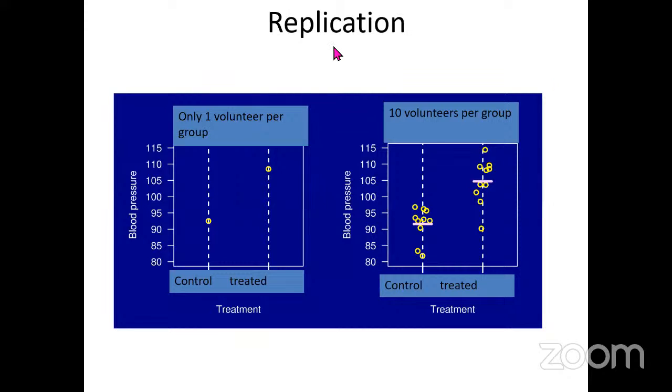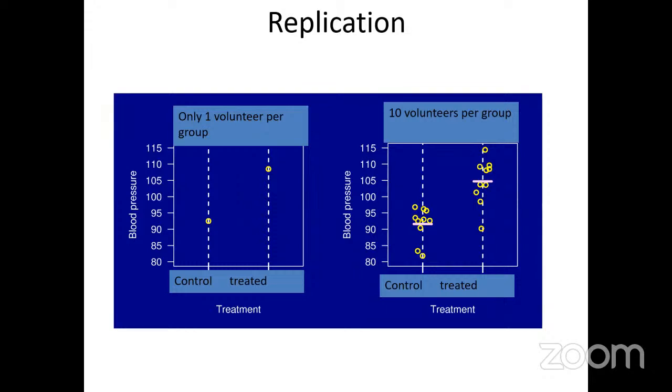Next is replication. Replication means repeating the experiments. That's very, very important. It gives you the amount of error that can come in. Even when we do measurements, even temperature measurements or pH measurements, there is always going to be statistical error, because of the instrument, the operator, the environment, and so many reasons. That can be 1% error, 2% error, 3%.